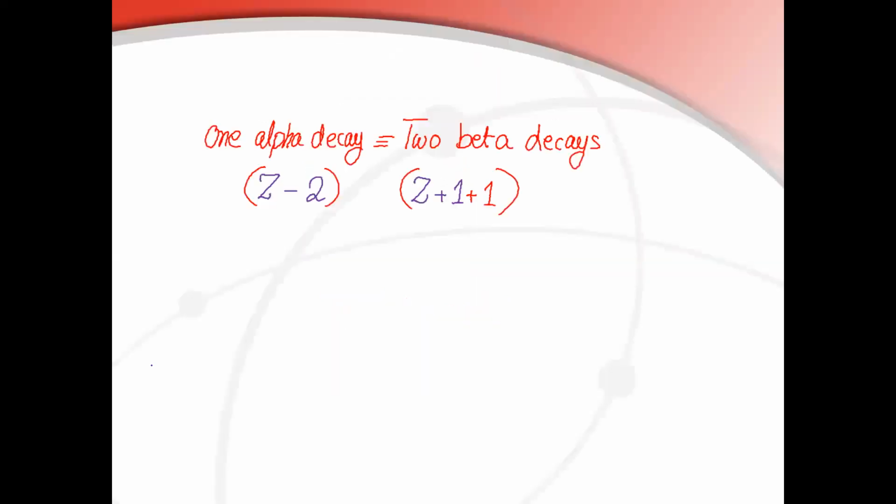So sometimes it happens, for example, 1 alpha decay is equal to 2 beta decays. So after one alpha decay, atomic number is decreased by 2. And after that, if 2 beta decays occur, the element will be back.